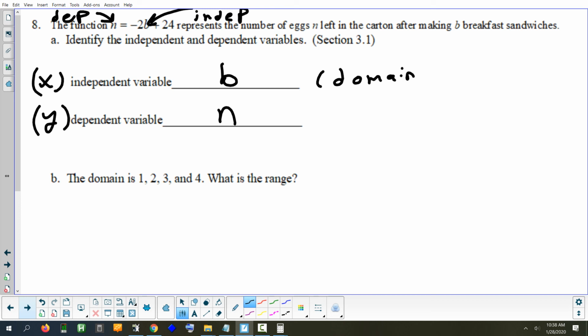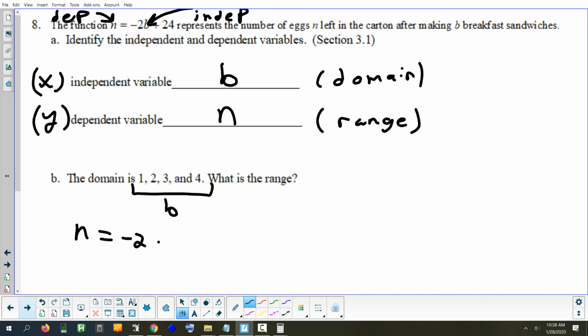Just another word for domain. Dependent is range. So the domain is 1, 2, 3, 4. That's b. So what we want to do is take our formula, -2b plus 24, and plug each one of these numbers in one at a time.